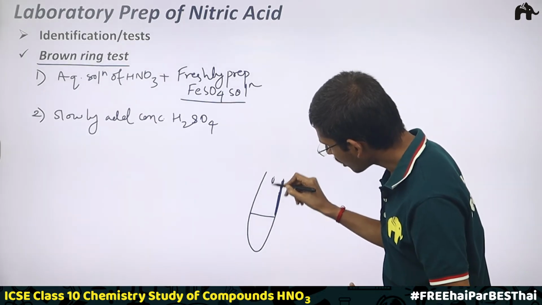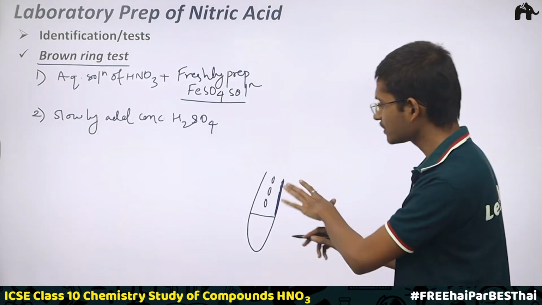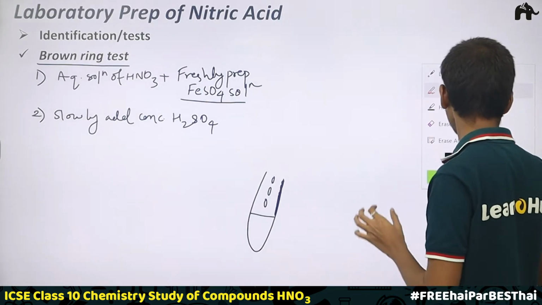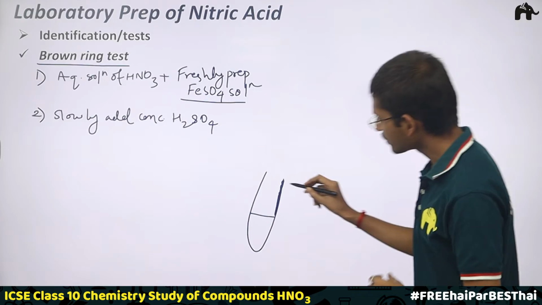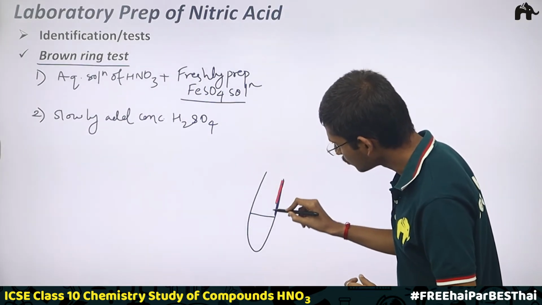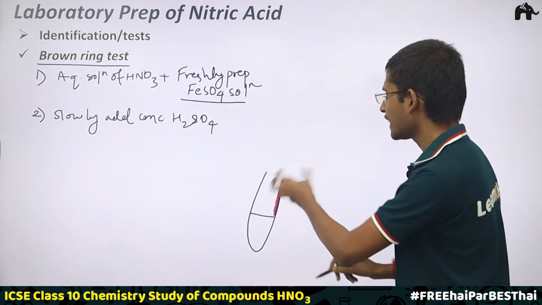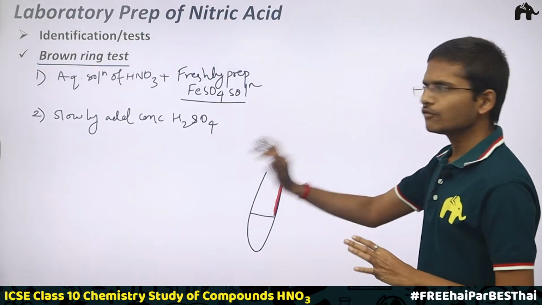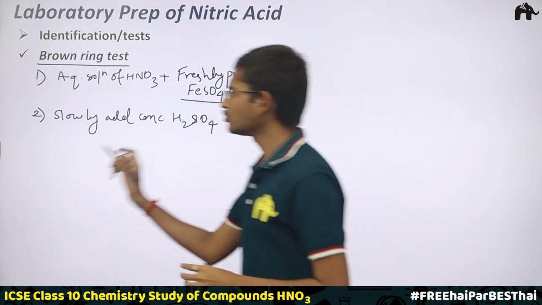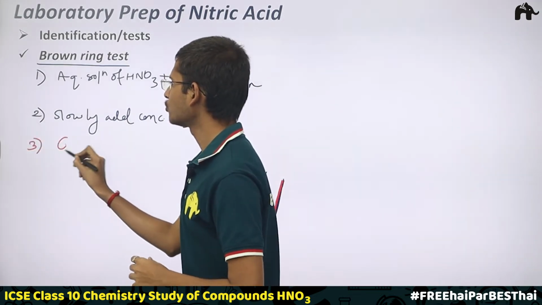I'm not going to add it dropwise; dropwise addition is not the right type of addition. I would add it slowly so that it slides through the test tube, and the slow addition would continue. Further, I'm going to then cool the test tube.